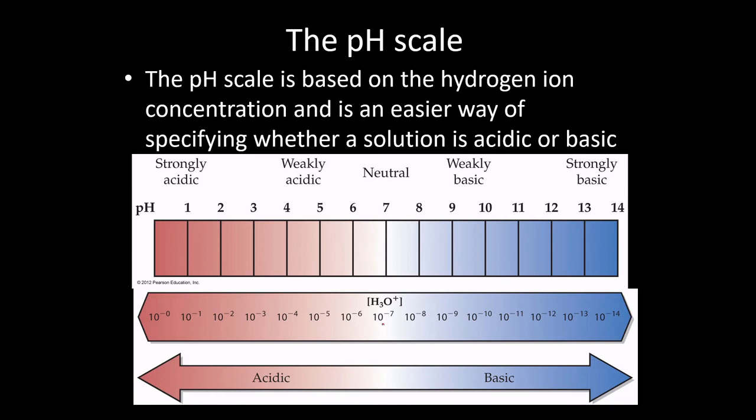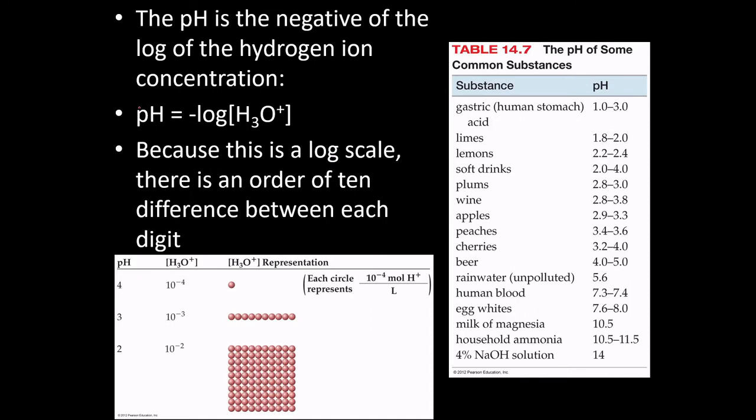So if you have an H+ concentration of 10 to the negative 7, that is going to have a pH, which is again on that log scale, of 7. This is where we get that pH from. It's this equation here.